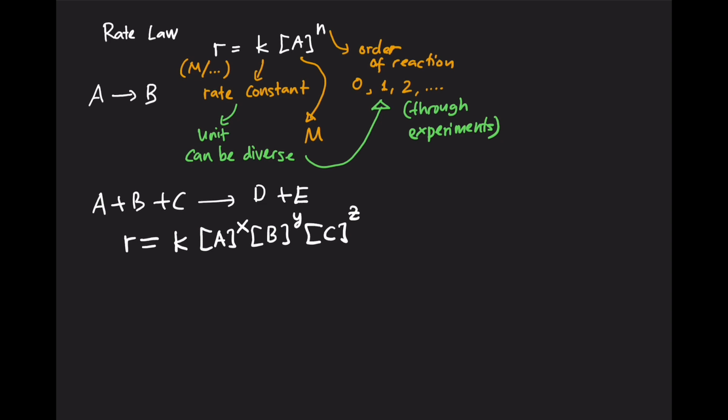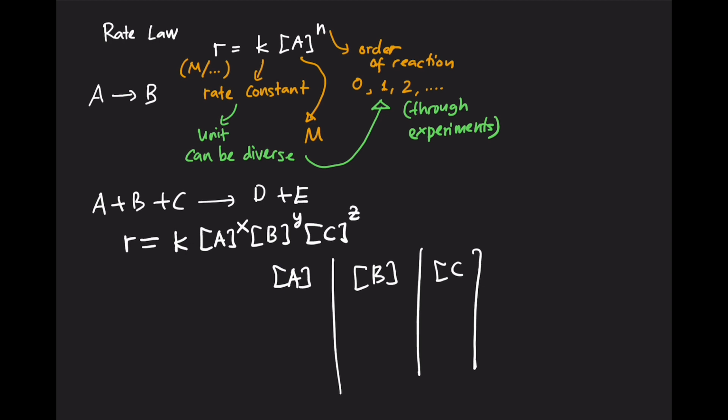We have molarity of A, and then we have also molarity of B, molarity of C, like that. And on the other end, we have the rate of the reaction. We will be given several values of A and B and C and also the rate.